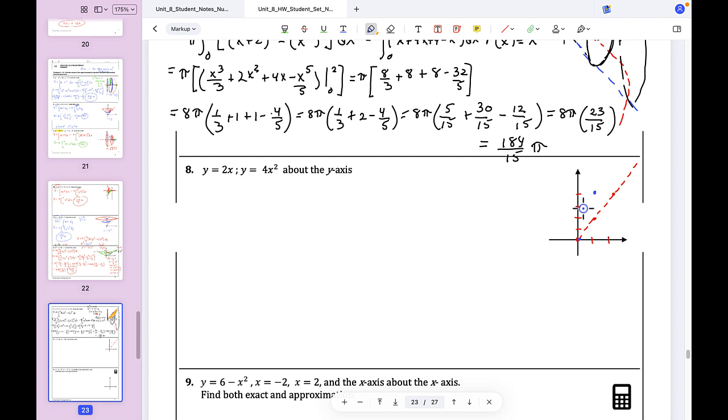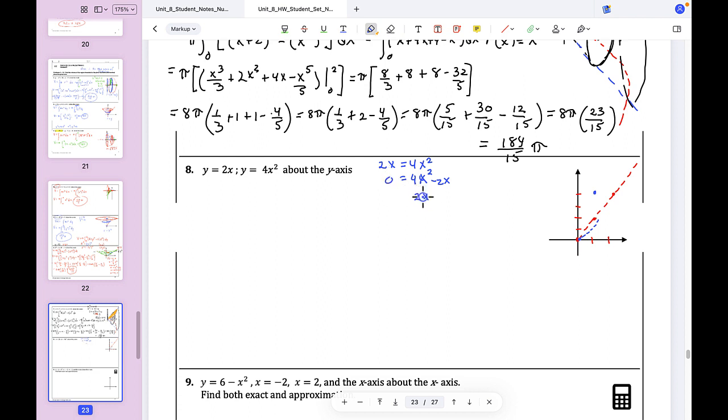Okay, so that's going to be a little bit hard to see. All right, so before I continue graphing it, I'm going to check to see where these actually intersect. So we have 2x equals 4x squared. Okay, so that means 4x squared minus 2x equals 0.